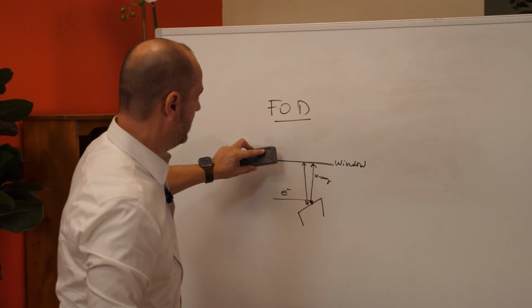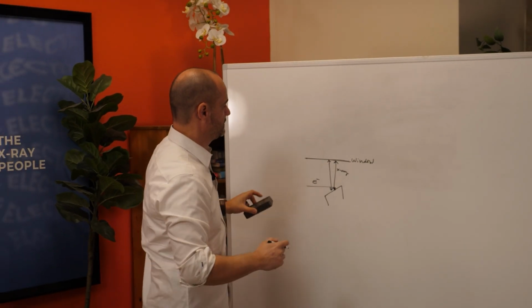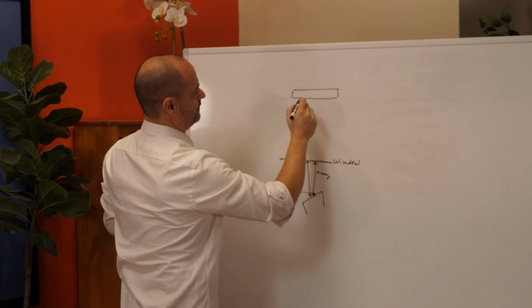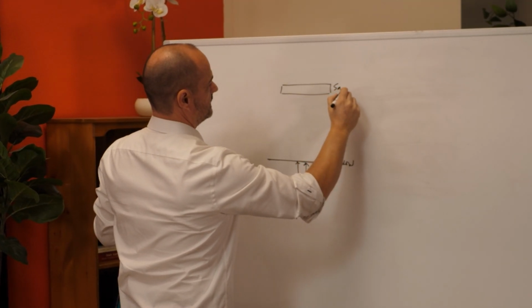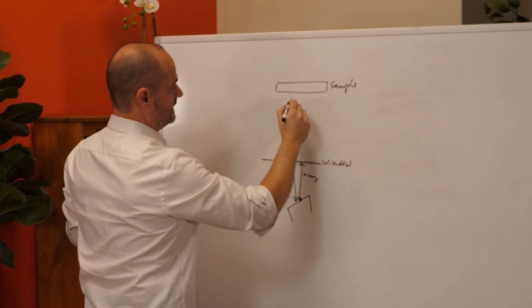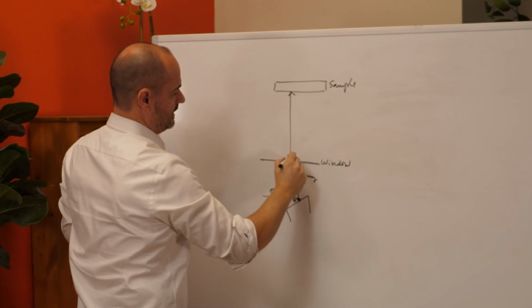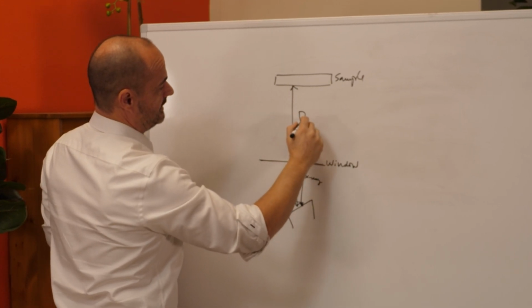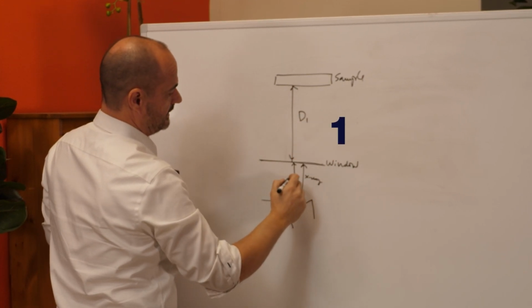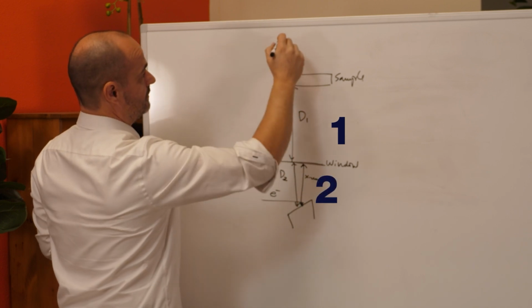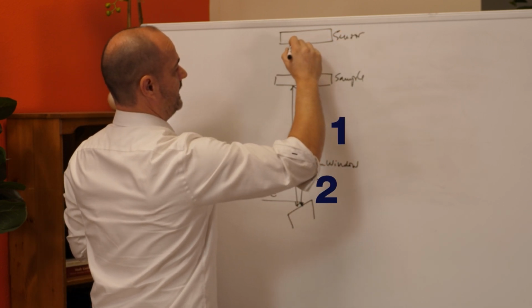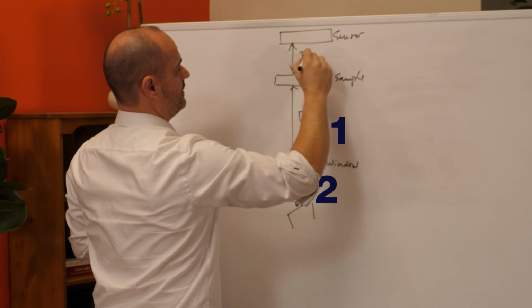Why do we get a higher magnification? Let's say you put your sample here. The distance between the target and your sample, let's call this D1, let's call this D2, and your sensor sits there on the top, and let's call this D3.